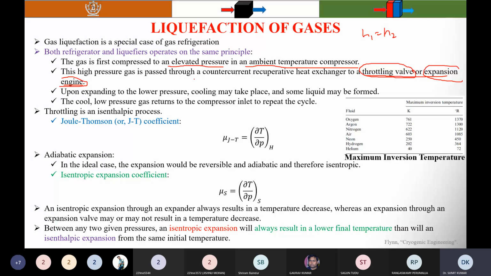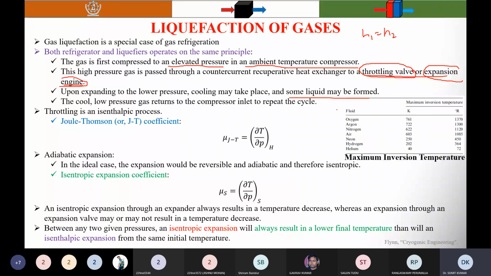Okay. After expanding to the lower pressures, cooling may take place. Means the working fluid has taken the energy from the refrigerated space. Cooling may take place and some liquid may be formed. But here, after the expansion, the liquid has been formed.